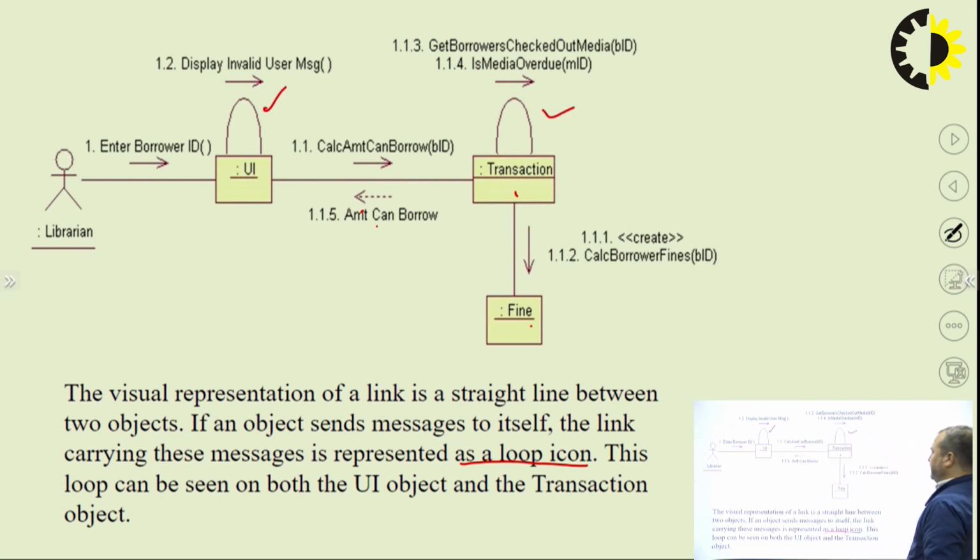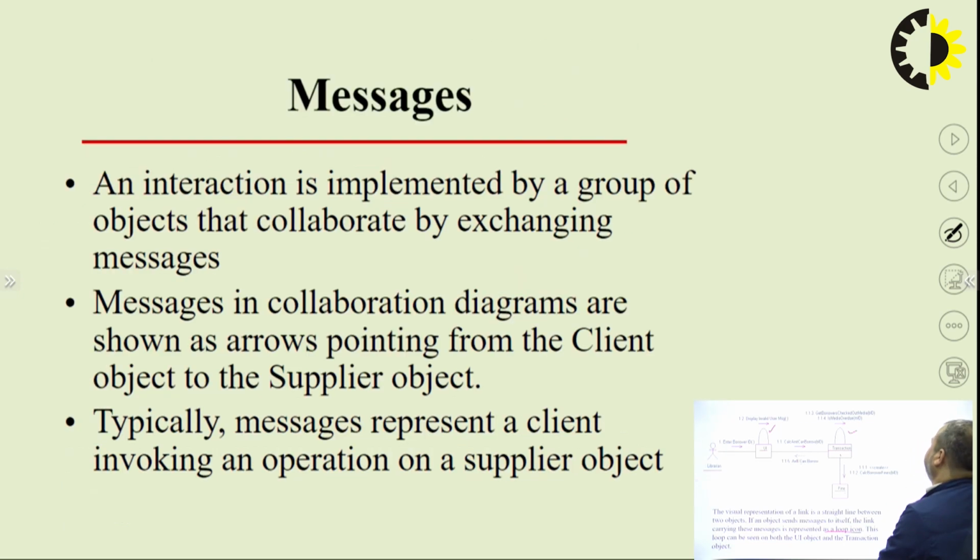This loop can be seen on both the UI object and the transaction object, here and here. So we can represent it like this. Basically, prior to implementation, we draw different graphical representations so that the actual implementation can be seen properly.